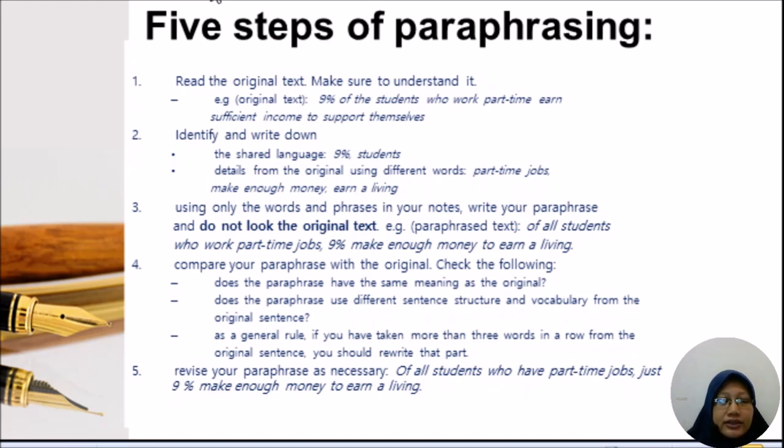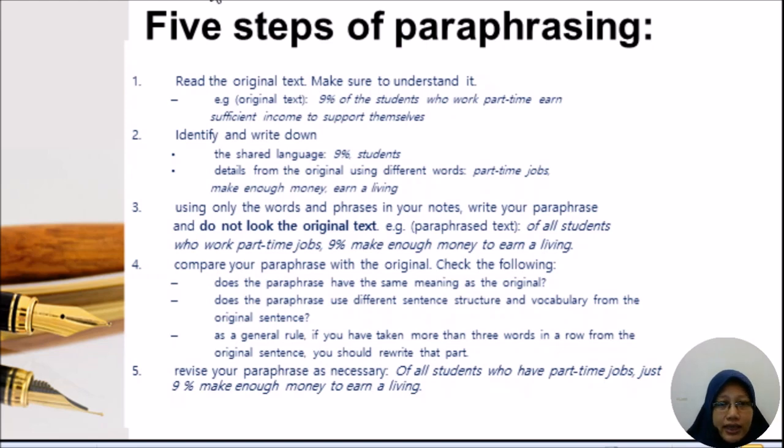And then the second step is to identify and write down. I underline the words write down. You need to write down the meaning of the original text in your own words.